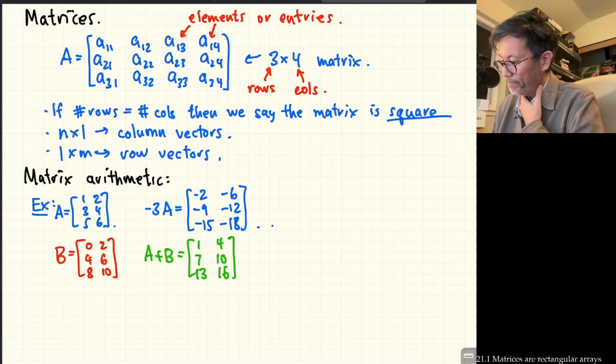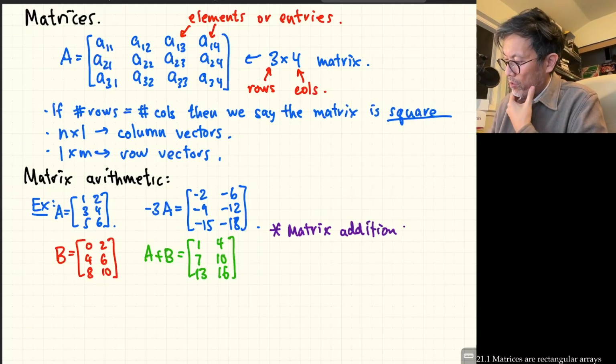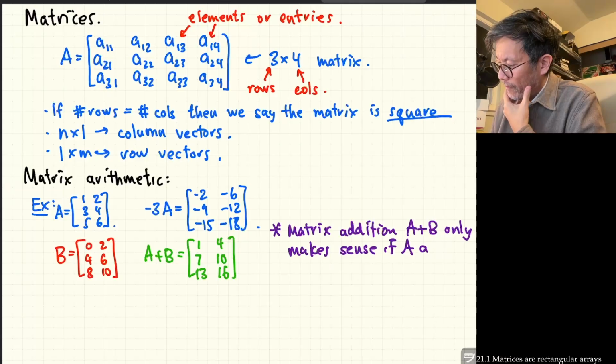But importantly, crucially, matrix addition A plus B only makes sense if A and B have the same dimension.